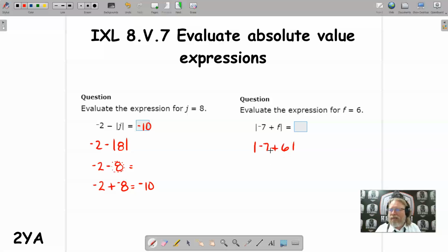So -7 plus 6, well, if I'm on a number line and I'm down at -7 and I'm going to add 6, it'll almost get me to 0, but not quite, right? It's going to get me to -1 because I go 6 units. So I'm going to have -1, bring down the absolute value signs. Now I can go ahead and evaluate the absolute value of -1, and it's +1. So my answer is +1.